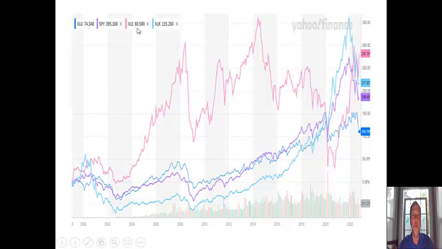The energy sector, XLE, is shown in red, and XLK, the tech sector, is shown in light blue. So we can see that the tech sector is more volatile than the S&P 500. Here is the dot-com bubble, where it burst in 2000 and then lost a very significant amount of money. And then here is the most recent tech 2020 bubble, where it went way up and then way down.